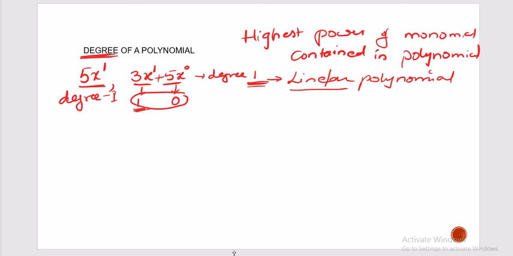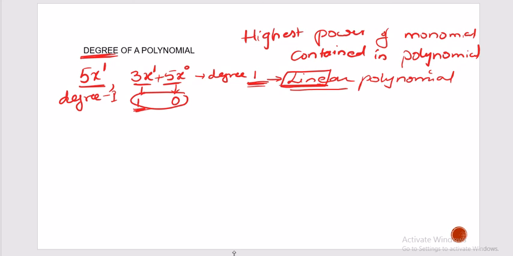You can observe one thing: the first four letters make sense, L-I-N-E. That means a linear polynomial forms a straight line. When you draw the graph of a linear polynomial, a straight line is formed, right?